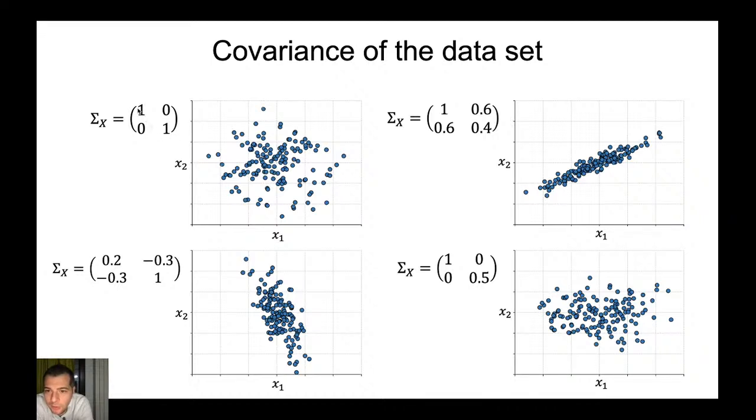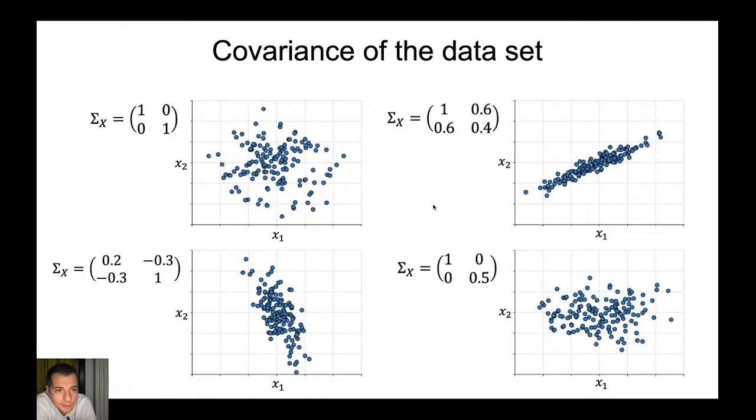Of course the variance of the same variable should be the highest possible, so here we have values close to 1 or exactly 1, and if we don't have any correlation, the covariance of these variables should be 0.